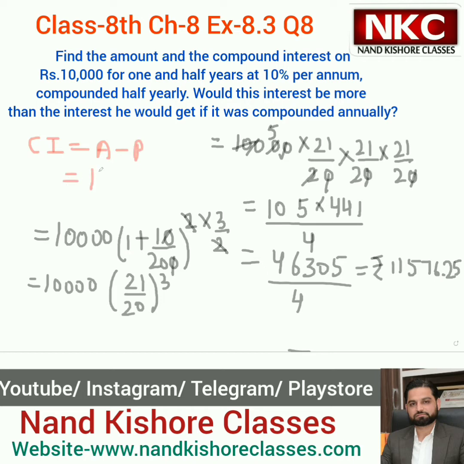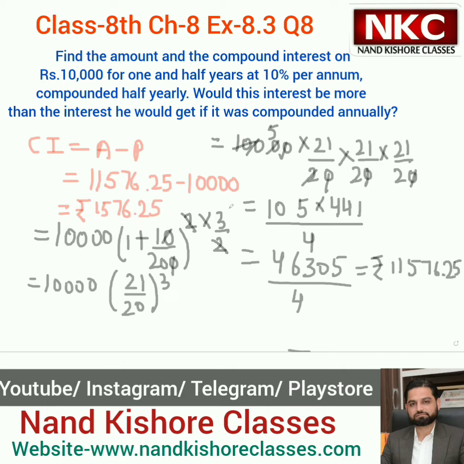Here the amount is 11,576.25 and the principal is 10,000. If we subtract them, we get rupees 1576.25.